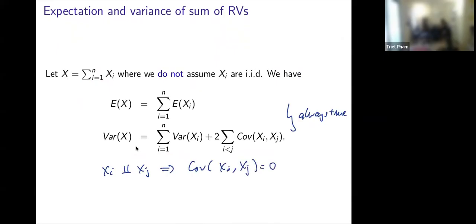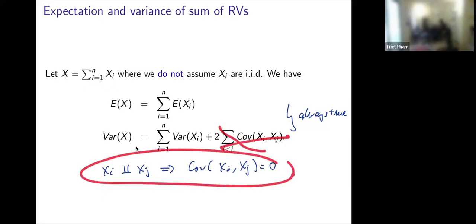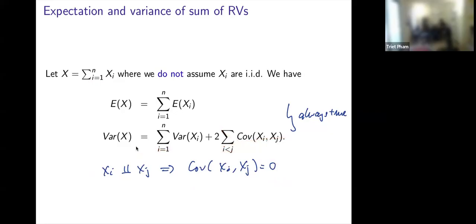And so if you know that these are independent, then you can drop this term. But watch out in general, because when you express a random variable as a sum, it may or may not be the case that the random variables are independent. So you will see an example real soon. You do not want to use the special formula without checking that they're independent. Okay. Any questions so far?